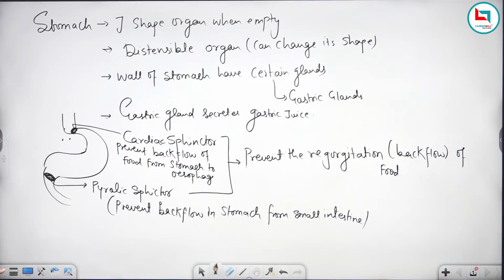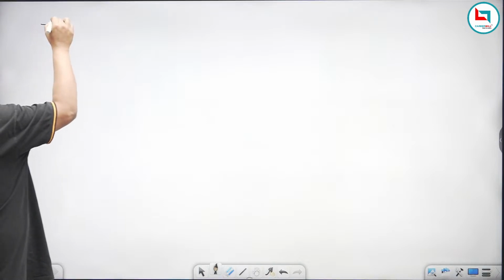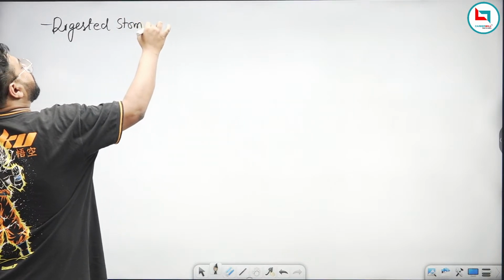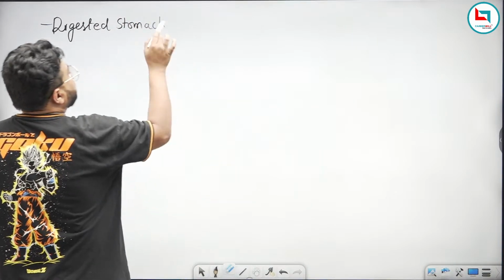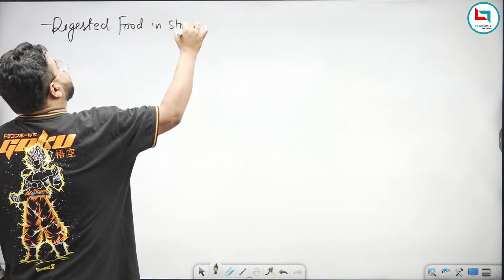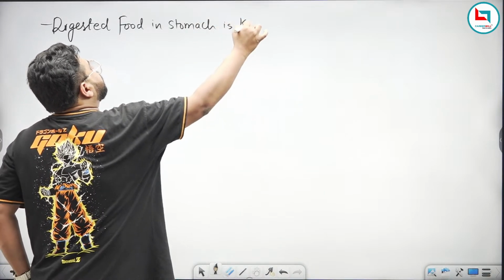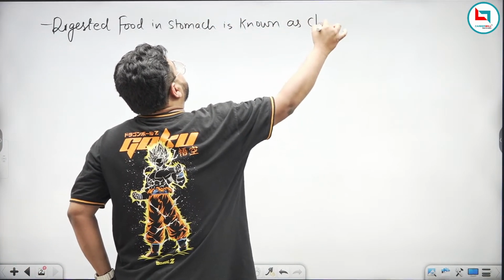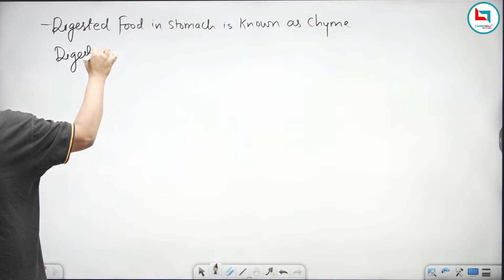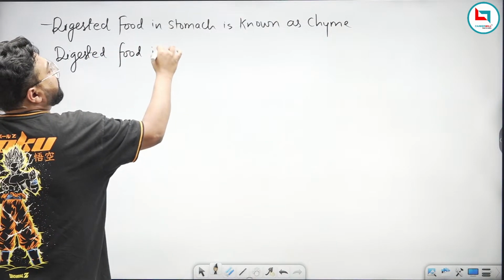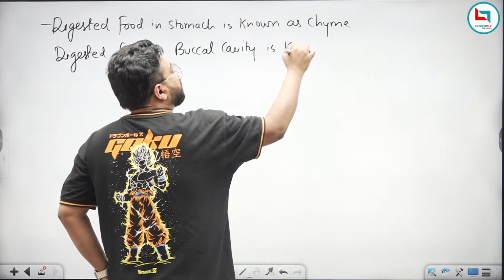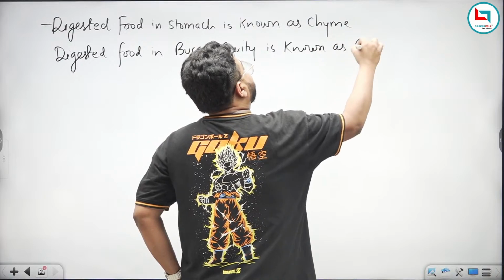So this is all about the stomach right now. Now, digested food inside the stomach is known as chyme, and digested food in the buccal cavity is known as bolus.